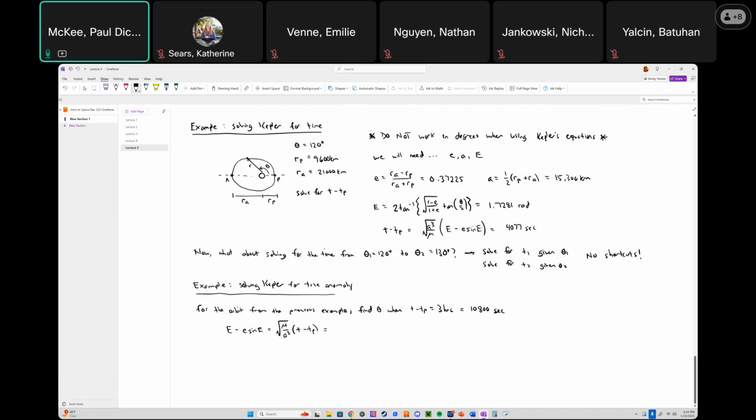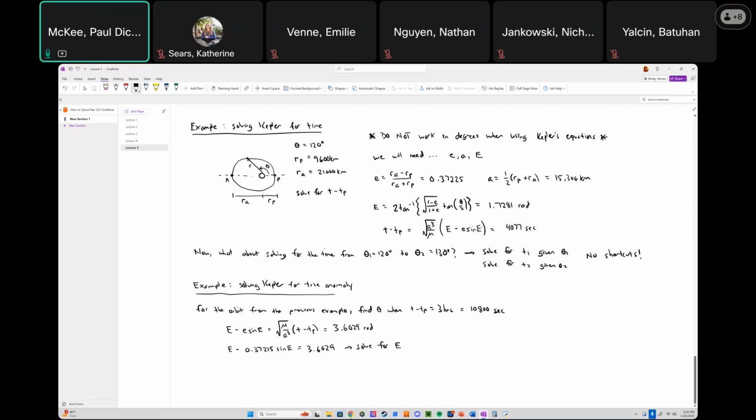The whole right-hand side of the equation is 3.6029 radians. So if we plug some numbers in, capital E minus 0.37225 sine of E equals 3.6029. Solve for E.